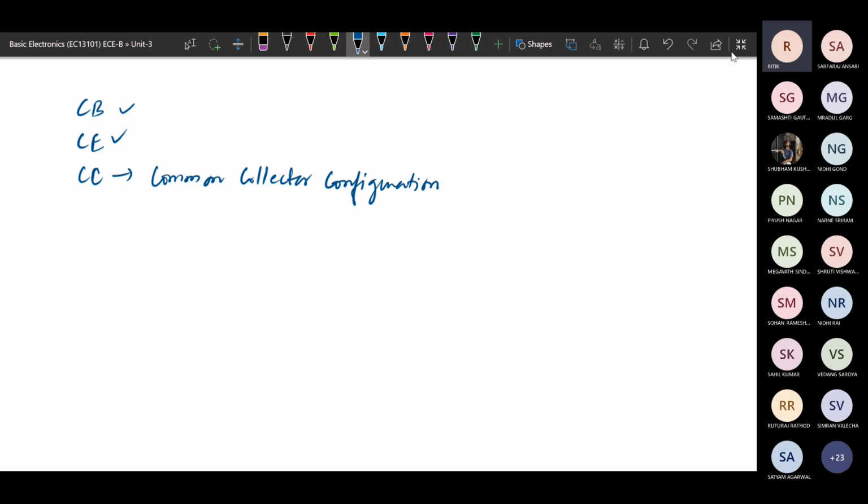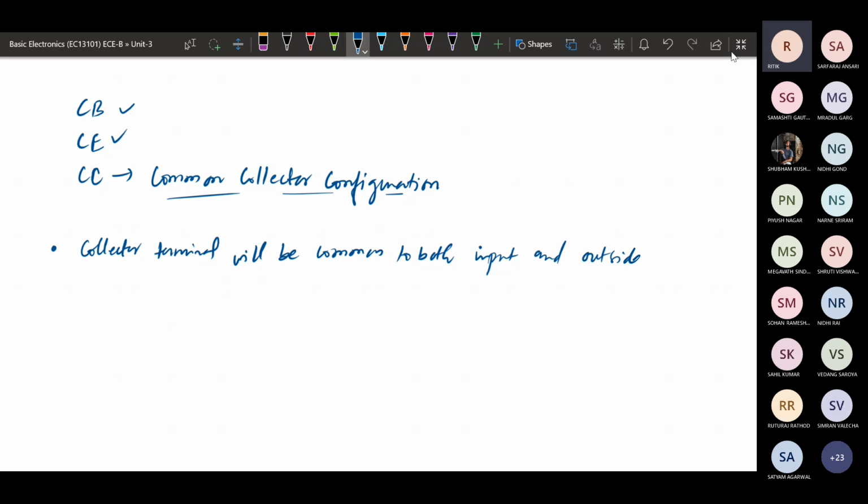Okay, so here, as the name suggests, it is common collector. That means the collector terminal will be common to both input side and output side.